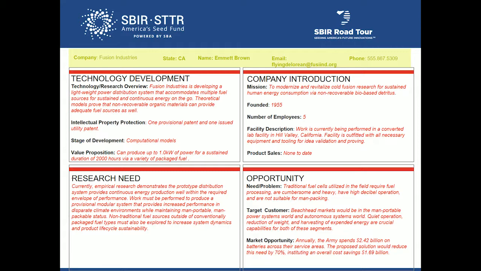A lot of times you'll see this referred to as an AOR, or Authorized Organizational Representative. The reason you would put someone like this is if a program manager is going to do outreach to your business to talk more about what you want to do with the SBIR, they're also going to want to know the goals. How is it going to help your company develop? Where are you going to go with it further?